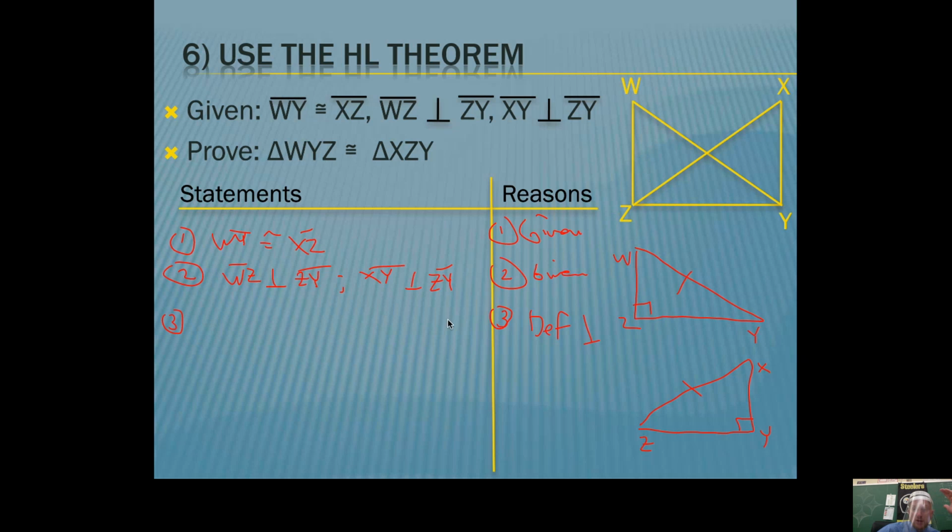Z is a vertex for three angles there. So I'm going to say angle WZY and angle XYZ are right angles. That's what perpendicular means.